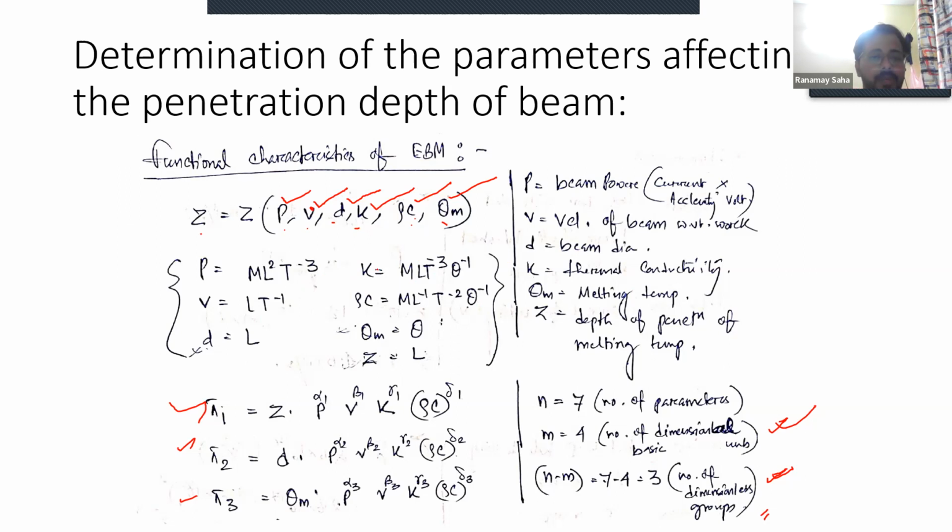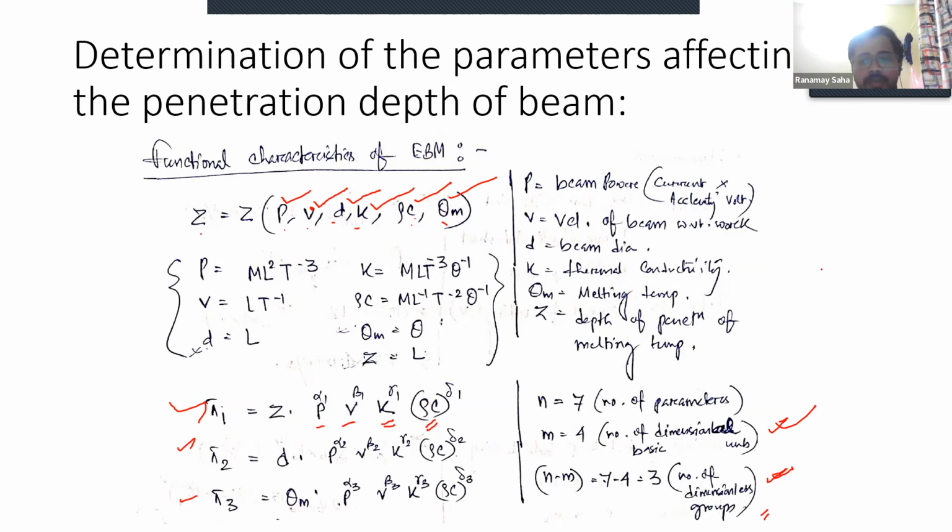Okay. Now, you define your first pi variable as Z, and you take the 4 which are called your basic dimensional units. So you take P, V, K, and rho c, your volumetric heat capacity.